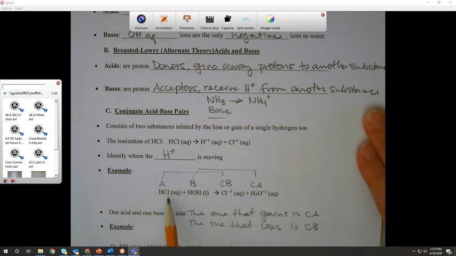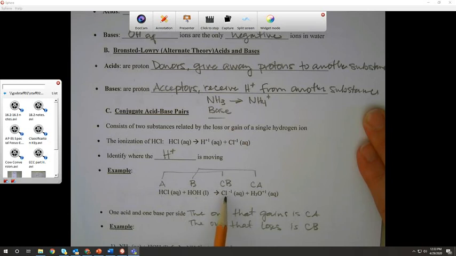So we're going to follow the chlorine, because the hydrogen's the one that's going to leave. So if we follow the chlorine over here, the chlorine gives away, okay, so it gives away as it goes this way, but if you went this way, it would gain. And so if you go to the right, it's a proton donor, which is an acid, but if you go to the left, it's what we call the conjugate base.